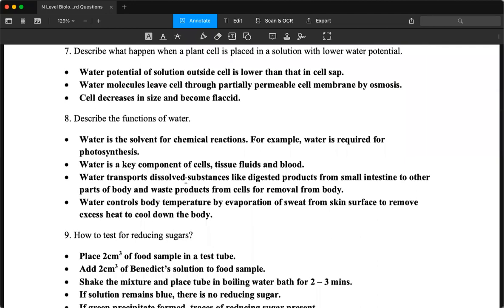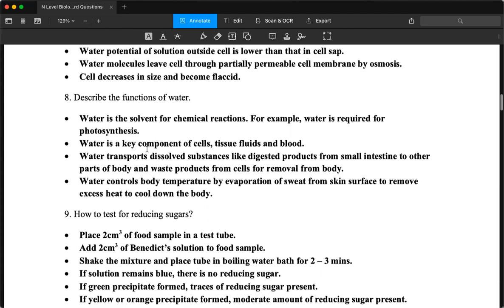Next, you may be tested on the functions of water. These are the key points to take note. Number 1, water is a solvent for reactions. Give an example, photosynthesis. Water is a key component of cells, tissue fluids, and blood.